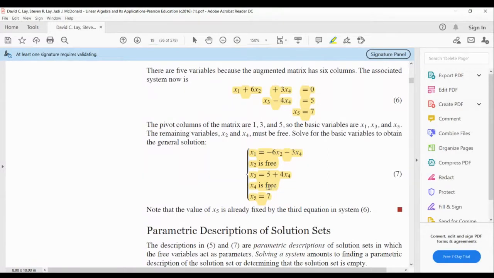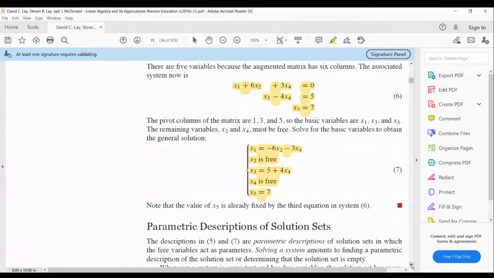And this is what's called, by the way, a parametric description. Your parameters are x4 and x2. Those are your parameters. And the basic variables, x1, x3, and x5, are written in terms of those parameters.